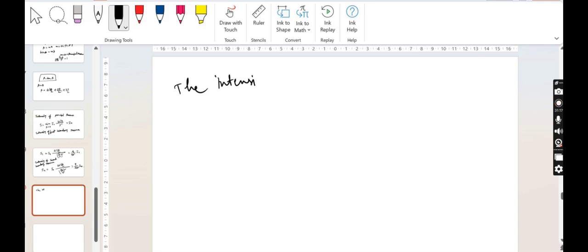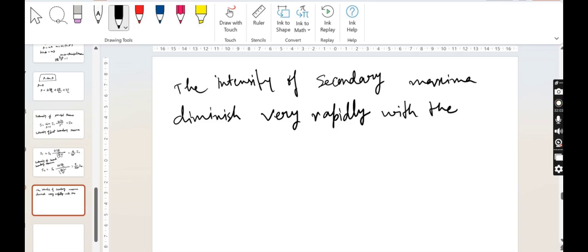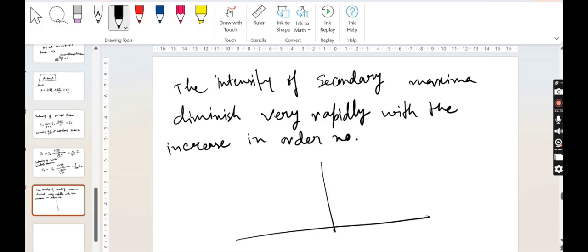From this, we get to know the intensity of secondary maxima diminishes very rapidly with the increase in order number. So the intensity becomes like this.